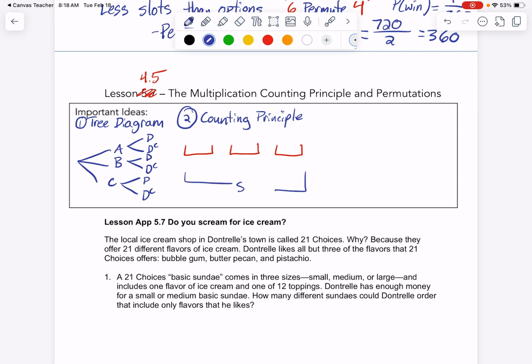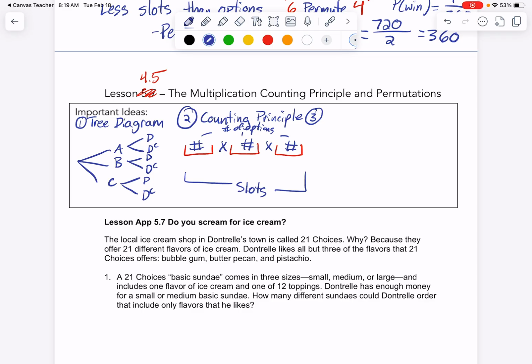I call these slots, and we have the number of options in each slot. So we'll have some number times some number times some number. And that gives us the total count of how many different ways there are to do something. Okay?